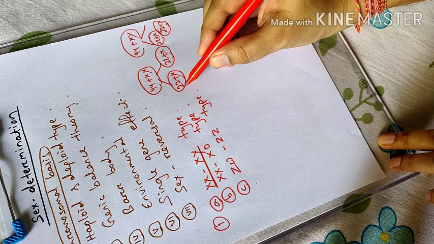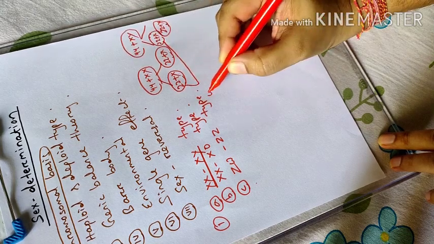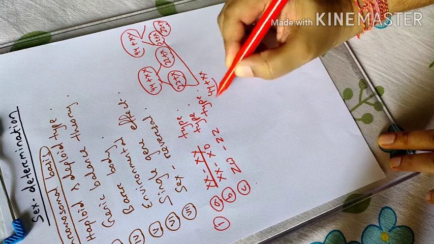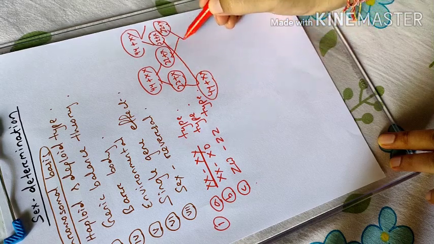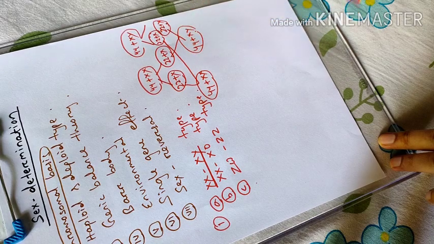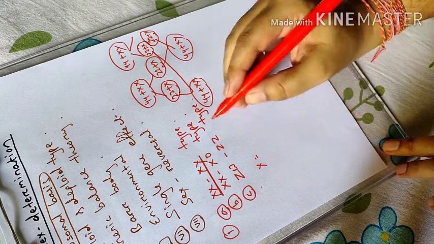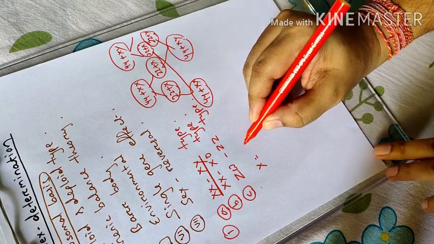So in this way, if you fuse them, you get 44 plus XX, and 44 plus XY.